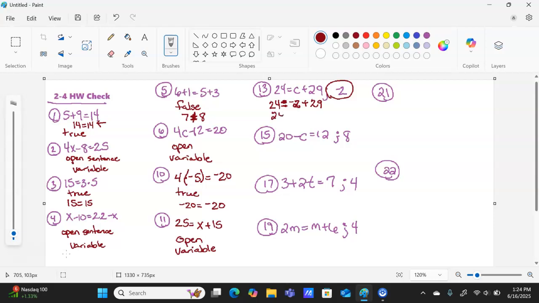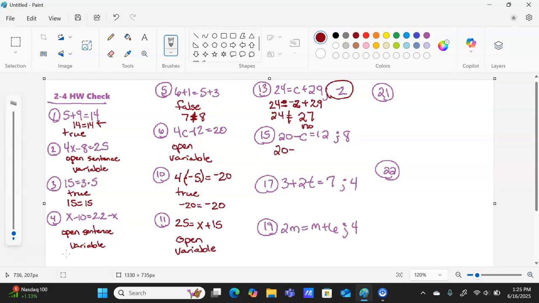So 24 equals negative 2 plus 29, positive 29. The signs are different, so I'm going to subtract 29 minus 2 and keep the sign of the larger. So no, that is not true. That's false, because 24 is not equal to 27. So the answer is not false, but no. Negative 2 is not a solution to that equation.